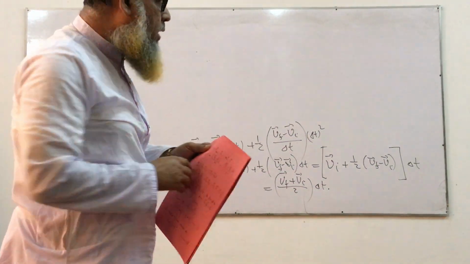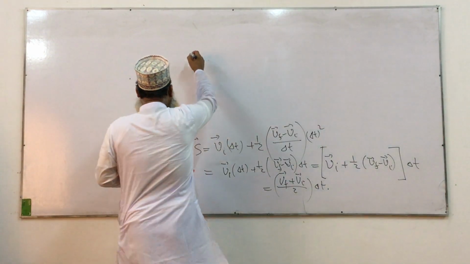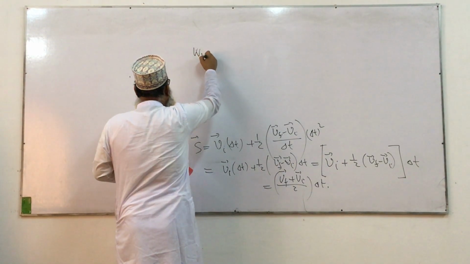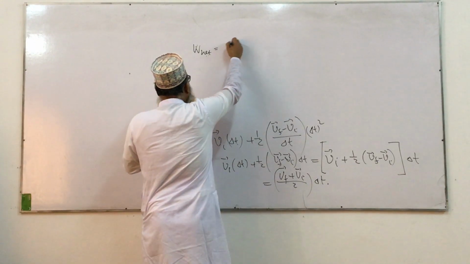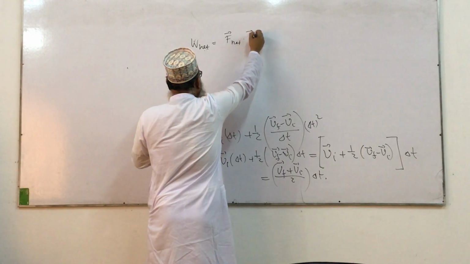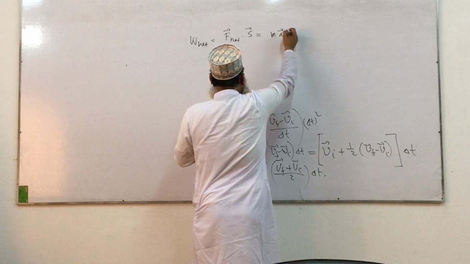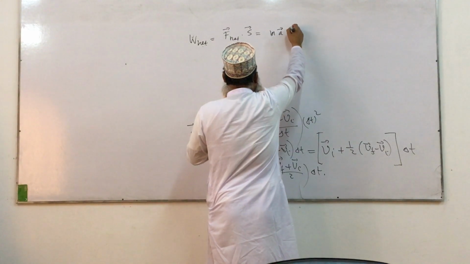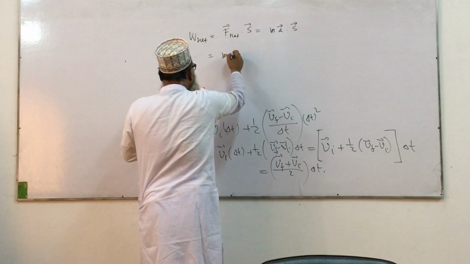Now we should compute W net, the total work done. W net equals F net dot S equals M A vector dot S. What is A?